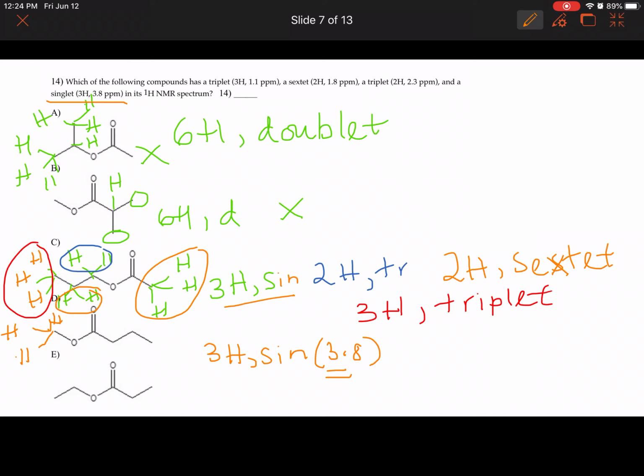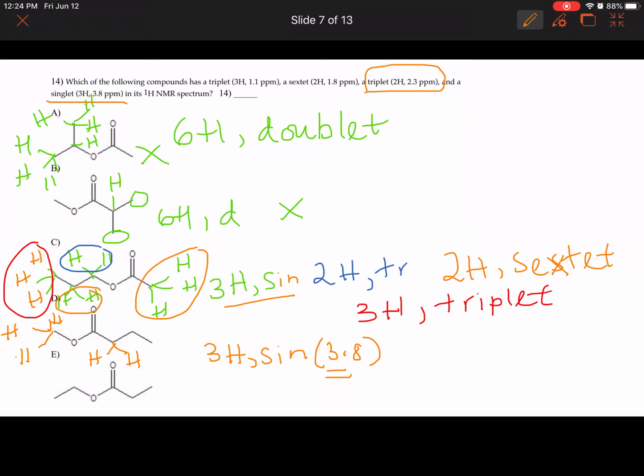And then also here you have 2 hydrogens. That's going to be a triplet. So 2 hydrogen triplet 2.3. That makes sense.